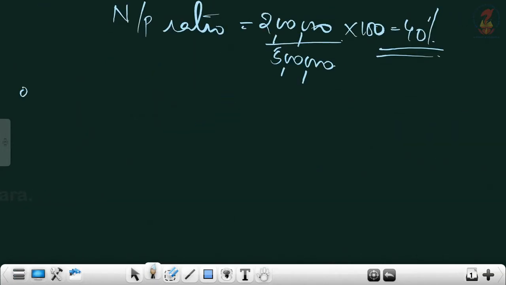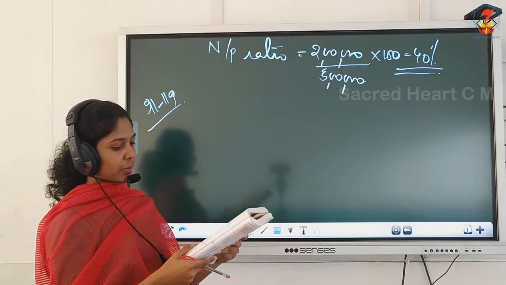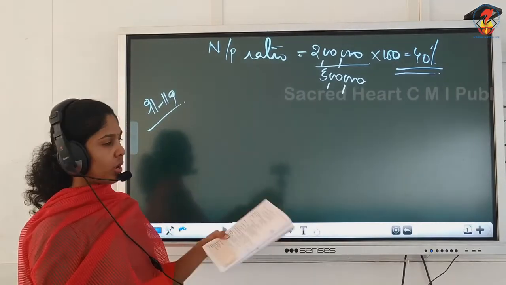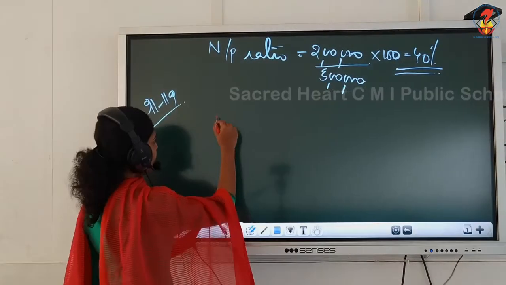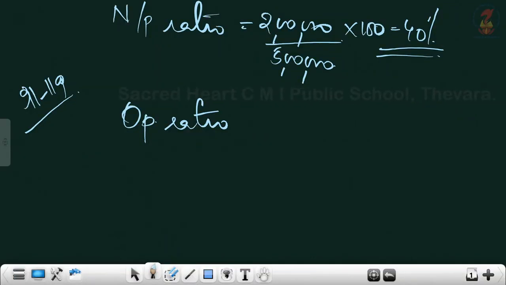Next, we'll work out illustration 119. Revenue from operations given, gross profit ratio is given, operating ratio, non-operating expense, non-operating incomes, and you have to compute net profit ratio. There is a relation between operating ratio, that is your second subhead, and operating profit ratio.